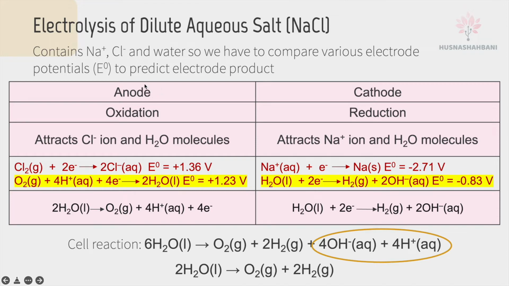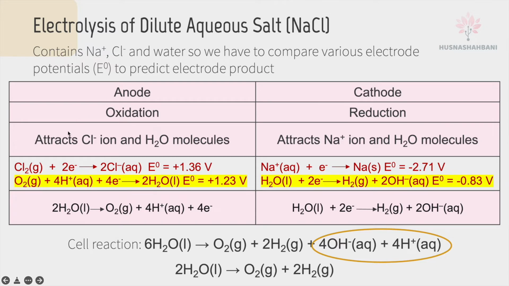First of all, we know oxidation occurs at the anode and reduction at the cathode. Oxidation means the electron is lost; reduction means the electron is gained.